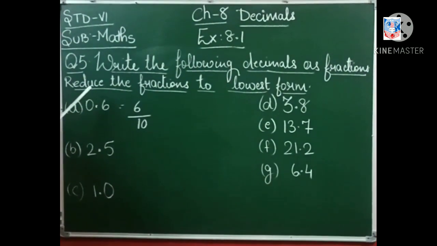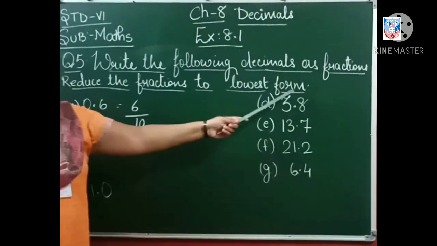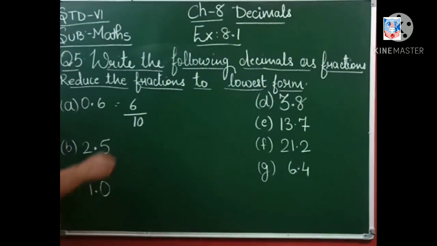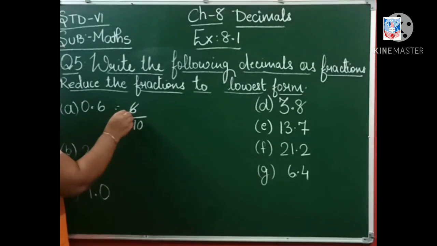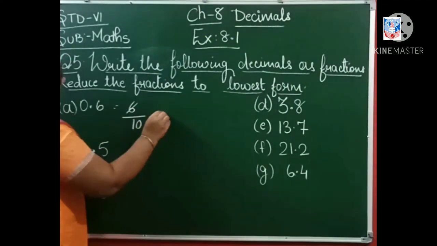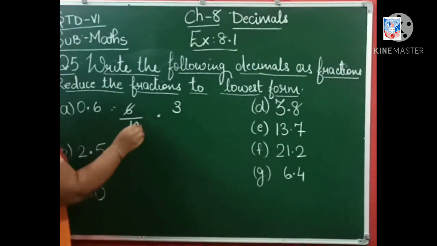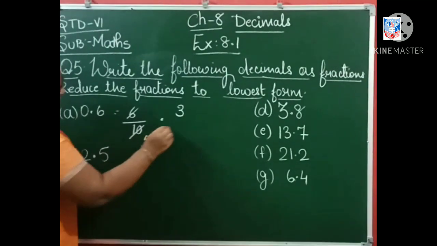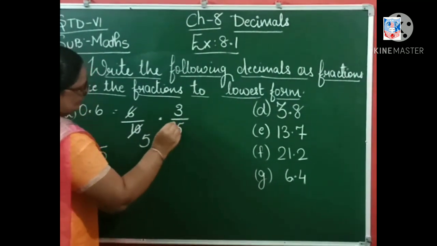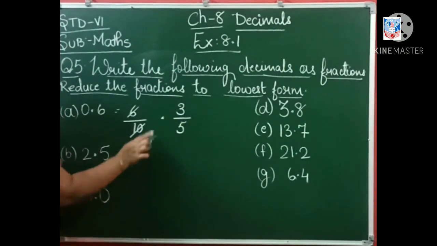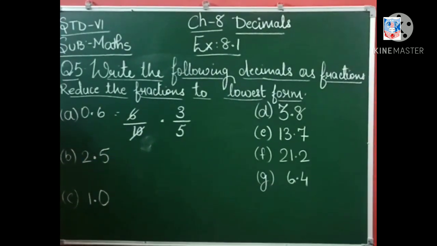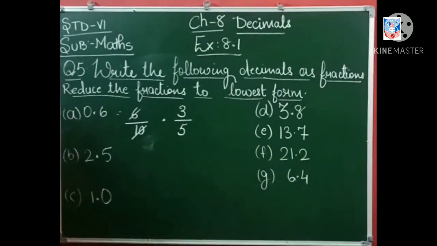Now our second step is reduce the fractions to lowest form. Now we can cut this. 6, 2 3s are 6 and 2 5s are 10. So our lowest form is 3 by 5.